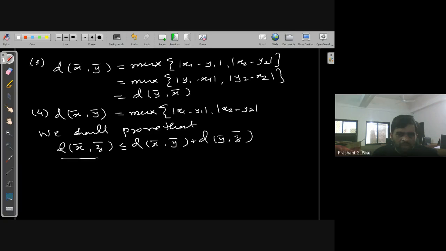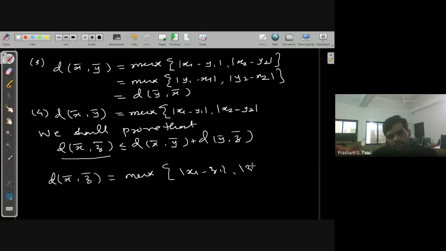Okay, so I am starting with this, that is d of x bar z bar. Either you can start with x bar y bar, that is just a number difference. So there is a maximum of mod of x1 minus z1 and mod of x2 minus z2. So I am adding and subtracting y1 here, and here y2.